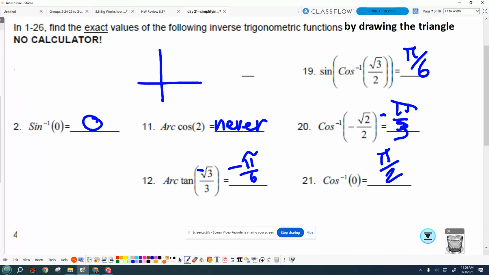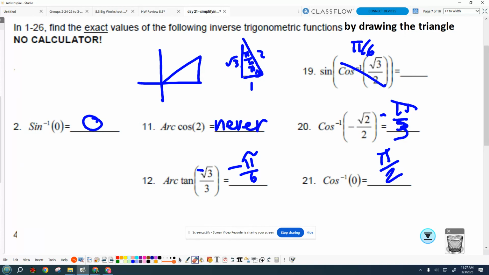Cosine inverse, positive angles, positive ratio. Kira, what quadrant is that gonna come out of? Quadrant one. So pi over 3, root 3, 1, 2. Cosine is adjacent over hypotenuse. That angle here is pi over 6. However, what is sine of pi over 6? It was a nested thing. So now, I agree the angle was right, but that's not my answer, because I needed to now do sine of pi over 6. What is sine of pi over 6? 1/2.